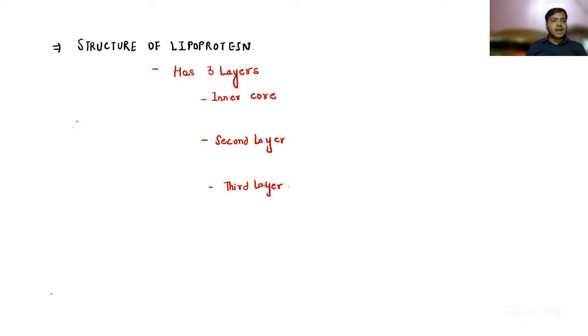Now, guys, remember that the inner core, the central part of the lipoprotein, basically consists of hydrophobic lipids. Very, very important. You already know that lipids are water hating. They repel water, so they are not soluble in water. So the inner part of the lipoprotein is made up of hydrophobic lipids.